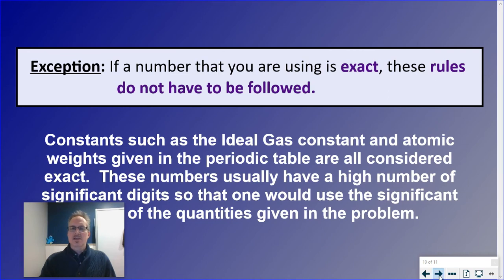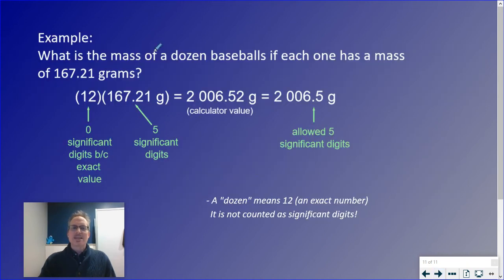Let's take a look at one of these. So in this example, we would like to find the mass of a dozen baseballs. Well, a dozen is an exact number. So if one baseball is 167.21 grams, we're going to multiply it by 12. 12 is not going to count as significant because it's an exact value.